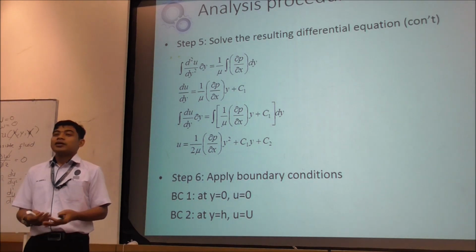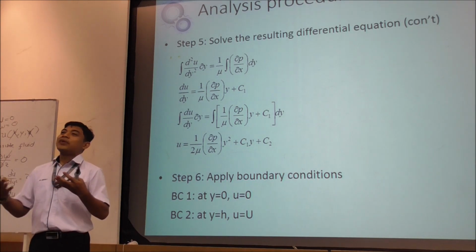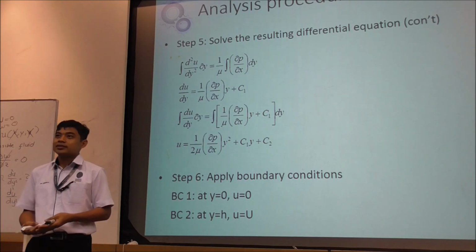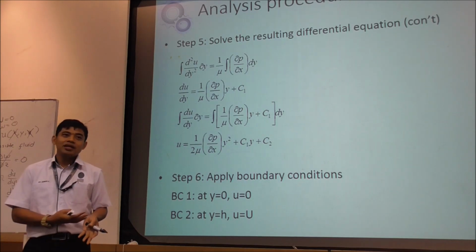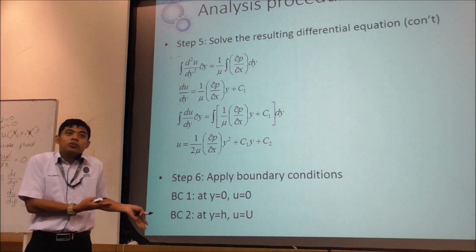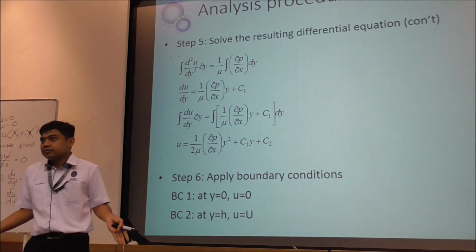Don't worry. Like in your tutorial, you know that U is some value. It is some number. So you don't have to worry about it. At the moment, I do not want to give a number, so I put just big U. But it is just a number at the end of the day, right?